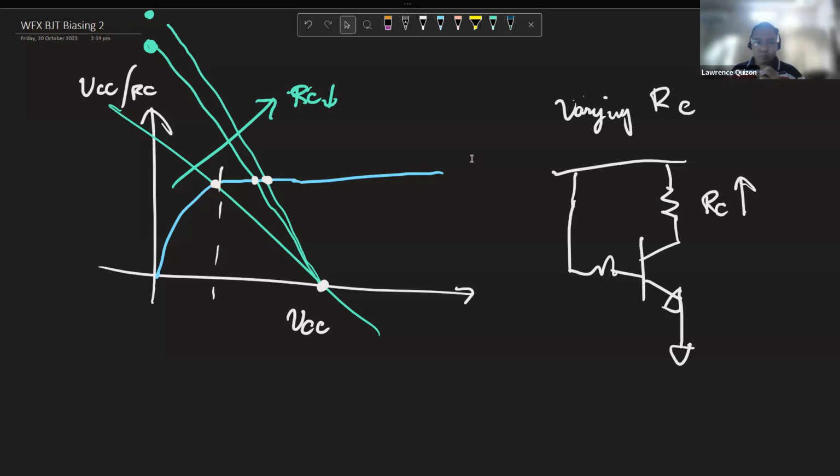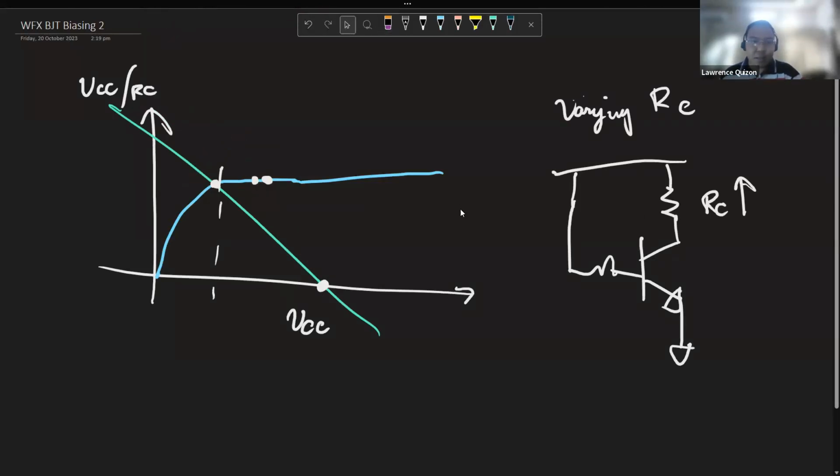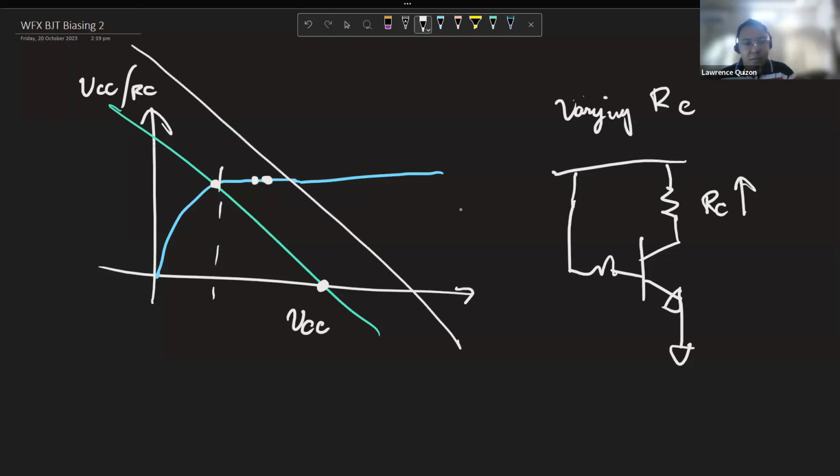Now, lastly, let's talk about varying VCC. We can vary VCC in this circuit. All that it's going to do is this: if we vary VCC, then this goes up, and this also goes up, proportionately. So our load line shifts if we vary VCC.